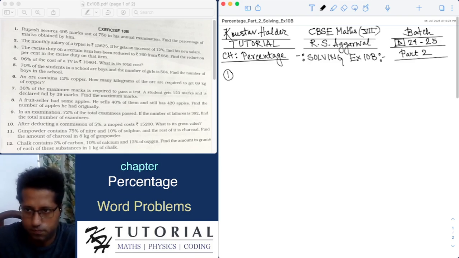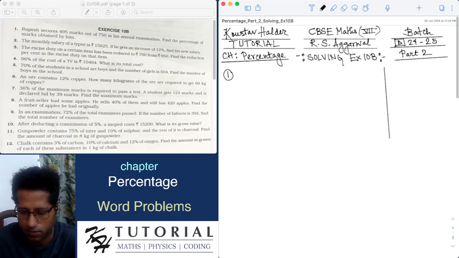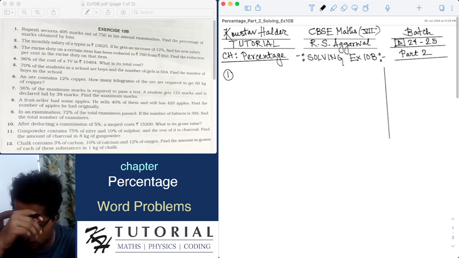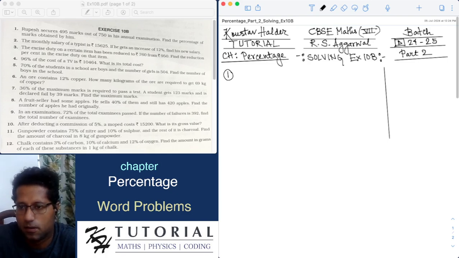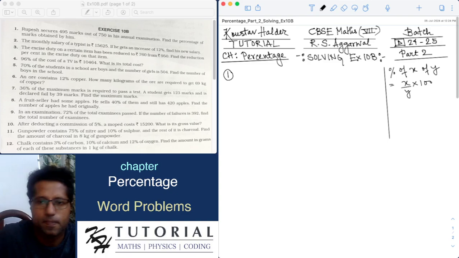As a side note, I will try to mention the concept applied in the given problem on the right hand side. So you know that the percentage of x of y is equal to x by y into 100.